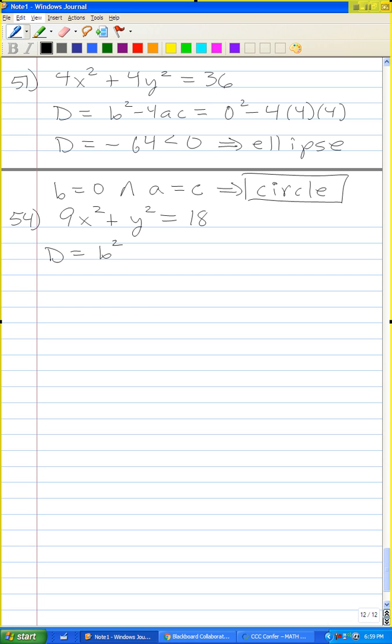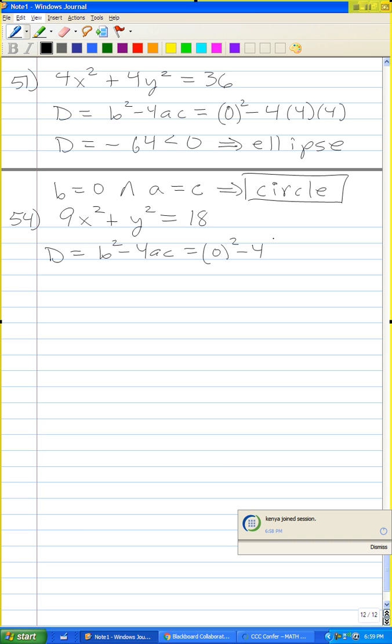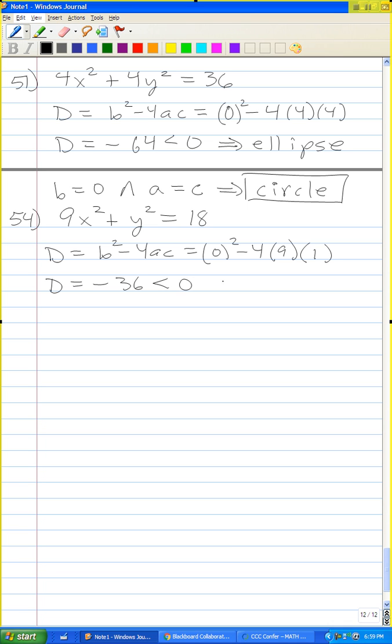The discriminant, b squared minus 4ac, is equal to, well, b is 0, a is 9, c is 1. And so my discriminant is equal to negative 36, which is less than 0. And so this is an ellipse. In this case, it's not a circle because a is not equal to c.